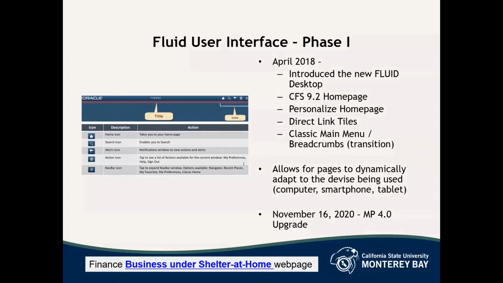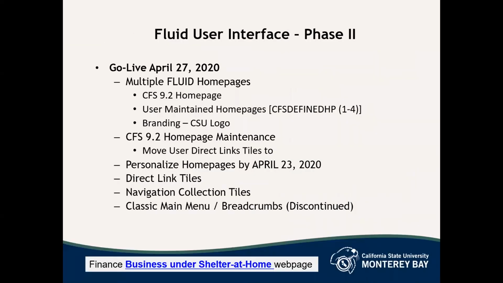Next page. So this phase 2 is scheduled right now to go live April 27th, 2020. The change is going to give us multiple Fluid homepages. So in addition to the one CFS 9.2 homepage, we are also going to have user maintained homepages, and it's going to give us branding for the CSU logo.